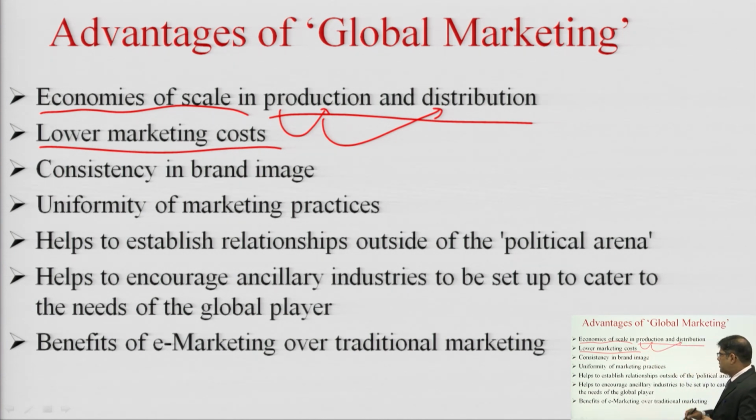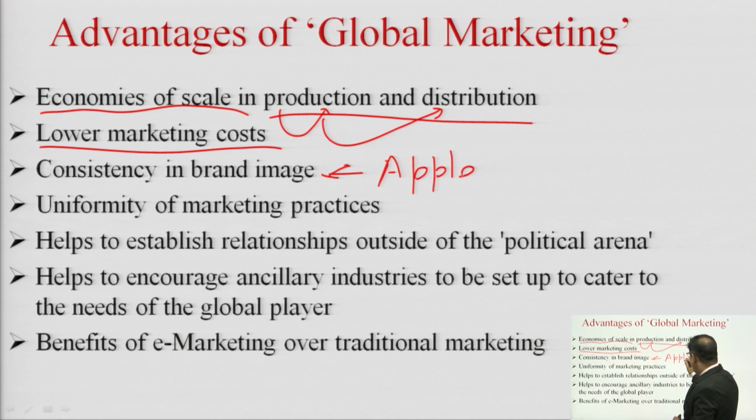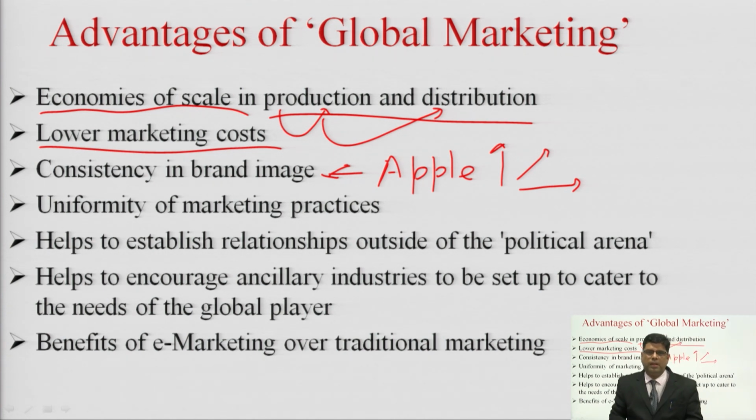Then the next advantage is consistency in brand image. We can take the example of Apple. Apple phones have a consistent brand image throughout the globe, and people prefer to purchase Apple. Whenever a new variant of the Apple iPhone is launched, it is sold very quickly, and the consumers continue demanding more and more. Such is the consistency of brand image that it carries on sustainably.